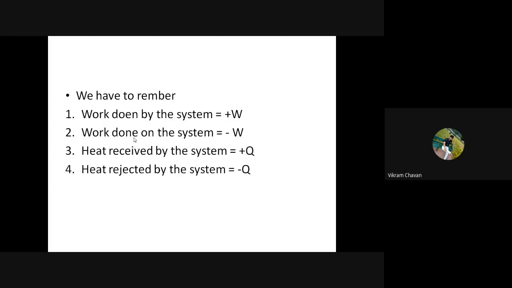We have to remember: first, work done by the system will be equal to positive work.